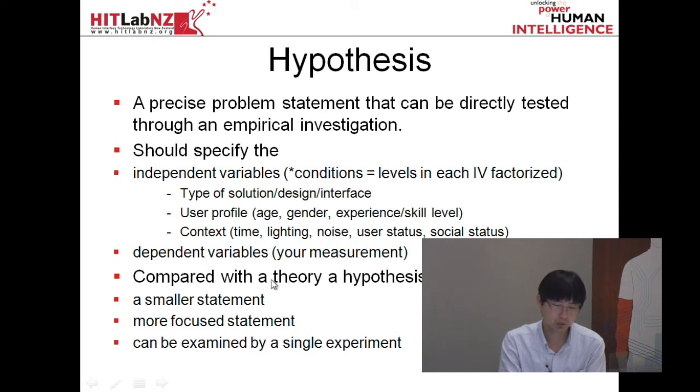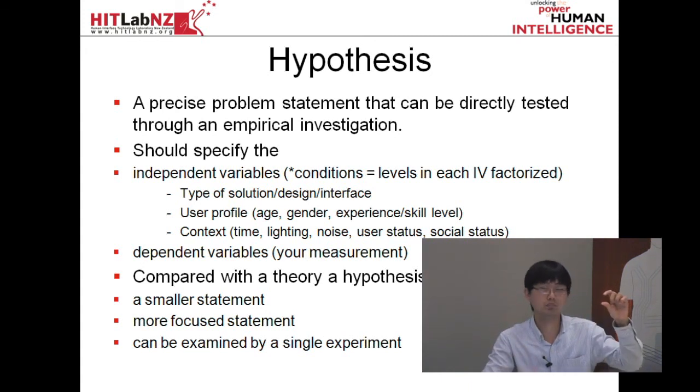Compared to a theory, a hypothesis is a much smaller statement. It usually involves one independent variable with one dependent variable. If you have more than one independent variable or dependent variable, then you'll have to split your hypothesis into, sometimes called, sub-hypotheses, multiple hypotheses.